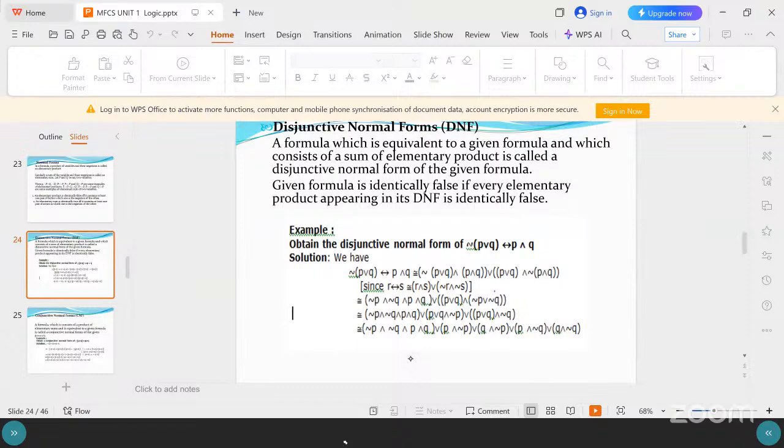See here, you have to do like this formula. Okay, we will do this problem.